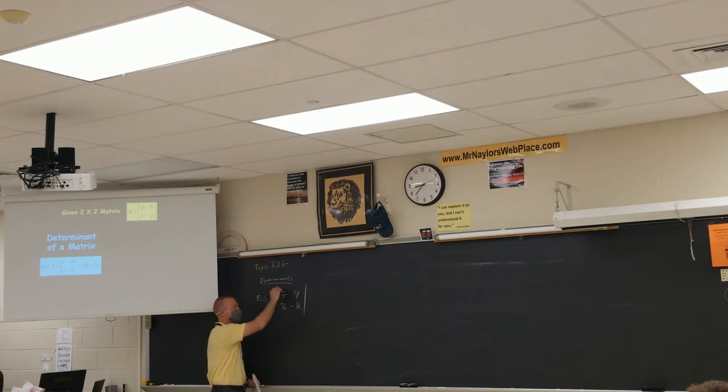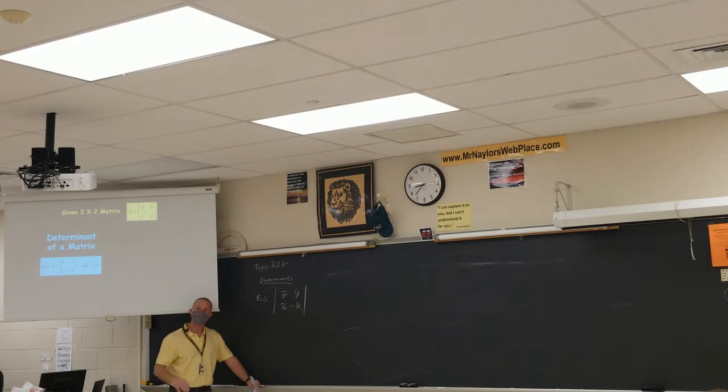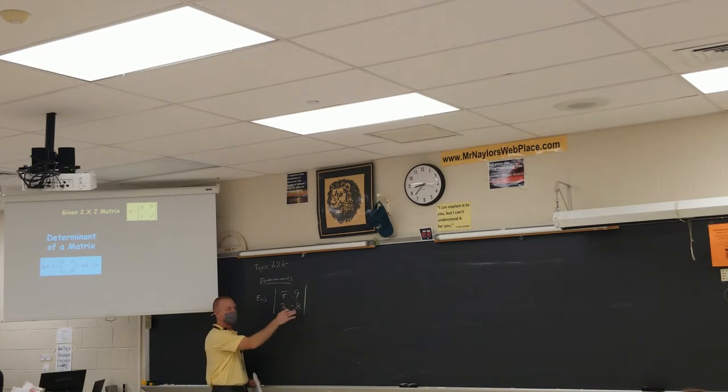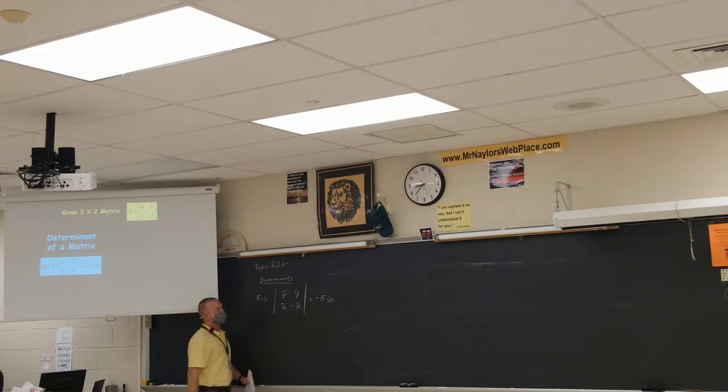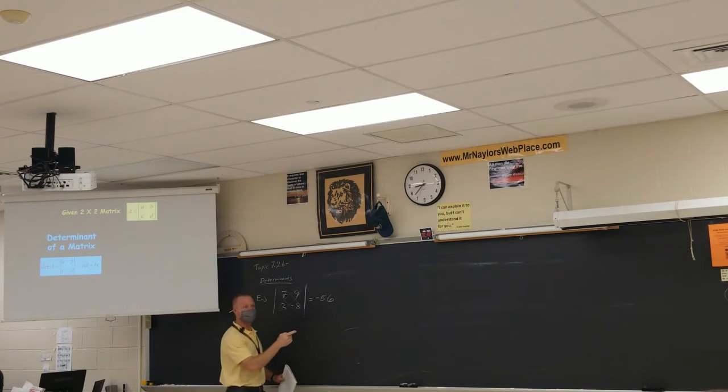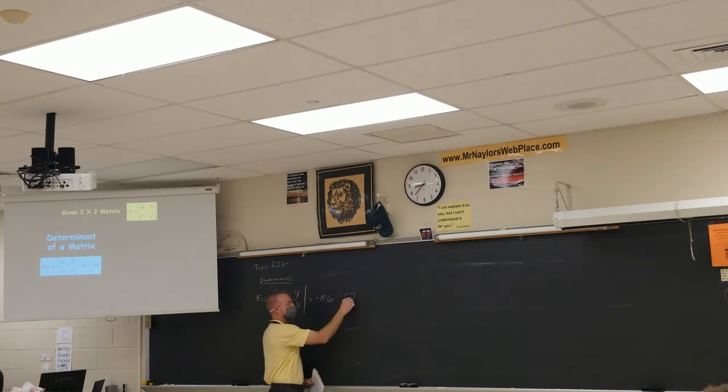So I'm going to take the, as we call it, the main or primary diagonal. The main or primary diagonal has 7 and negative 8. Of course, you're going to multiply those. That's why we're going to write down negative 56. And then you do the secondary diagonal. The secondary diagonal has 9 and 3. So you multiply those, and that's why we're going to write down 27. Now, you always subtract when you do a determinant.